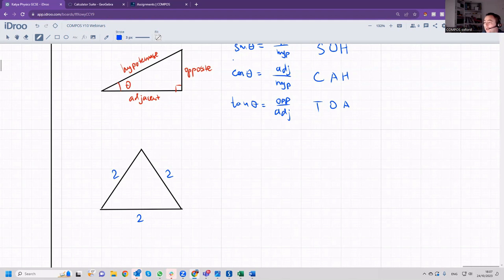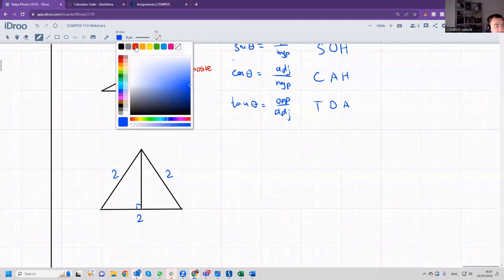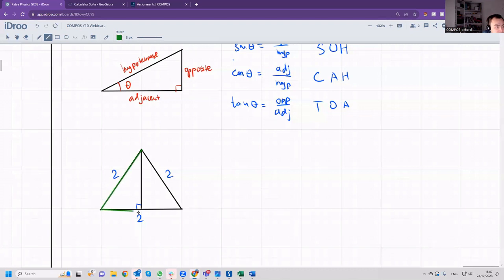Okay. We cut the triangle in half like this. And now we have two right angle triangles, the one on the left and the one on the right. We take the left one, and it's like this.